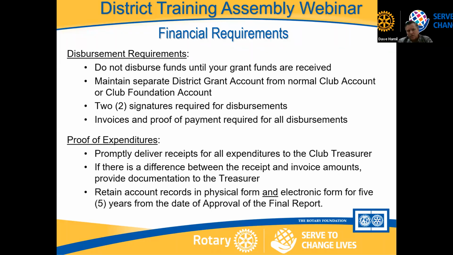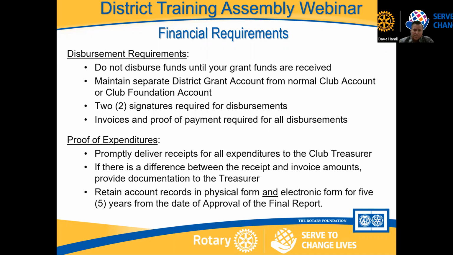And then you will need physical proof: invoices, receipts, or disbursement records. When those are received, they should be forwarded to the club treasurer right away. If there's a discrepancy, it needs to be understood, figured out, and discussed, but there should be none.